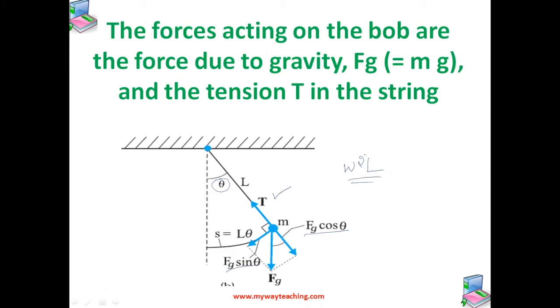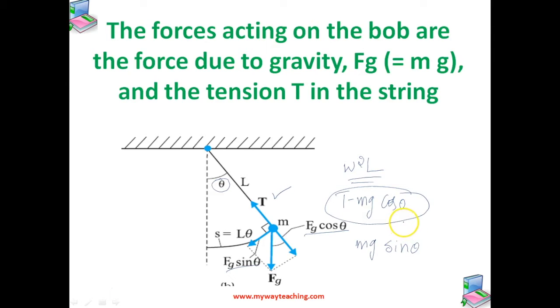The radial acceleration is provided by the net radial force that is given by T minus mg cos theta, while the tangential acceleration is provided by mg sin theta.